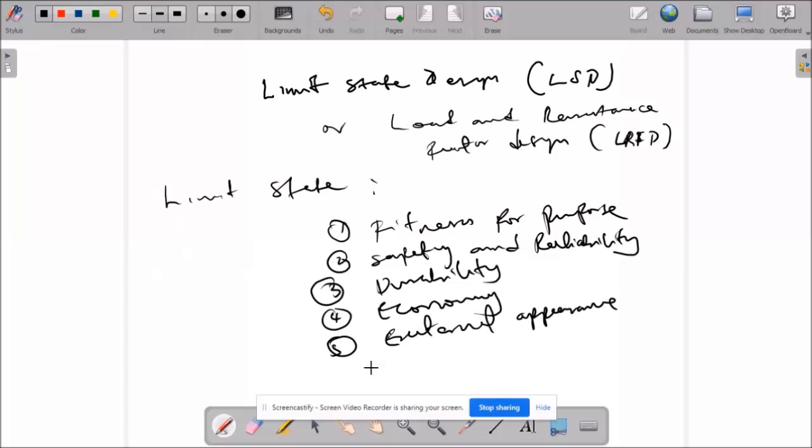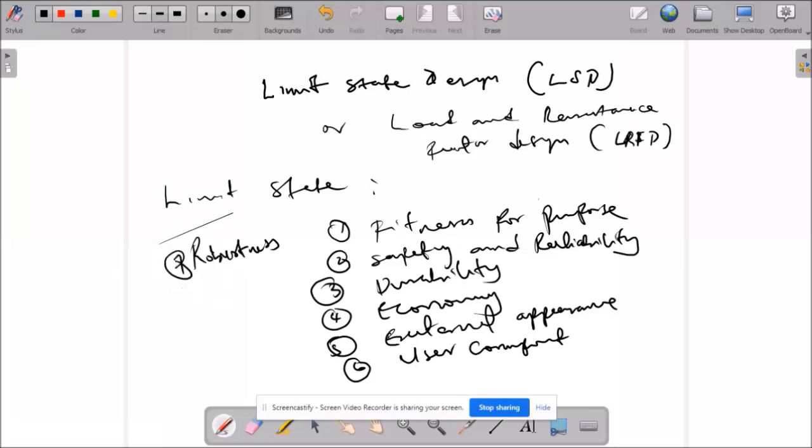Then the sixth one, users' comfort. And then we also talk about the robustness of the structure. So these are the criteria for limit state design.